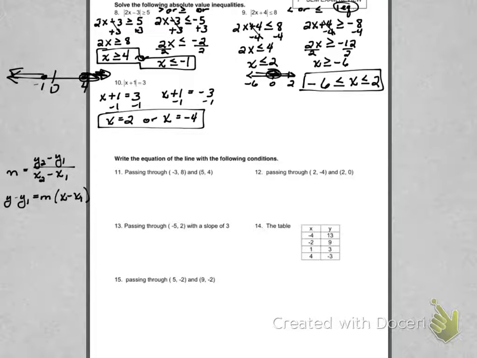And lastly, we have y equals mx plus b. That's slope-intercept. Standard form is ax plus by equals c. So this is standard form, and this is slope-intercept.